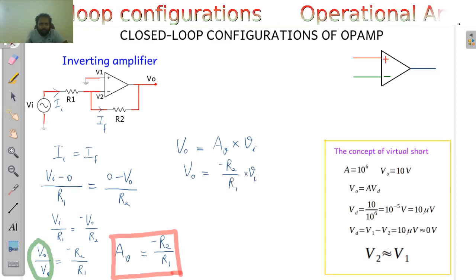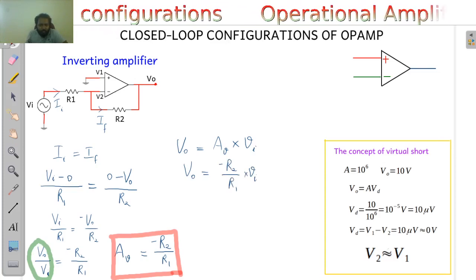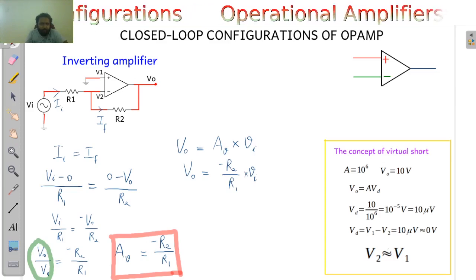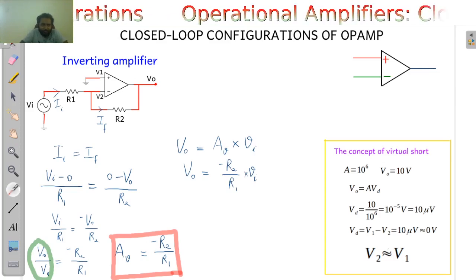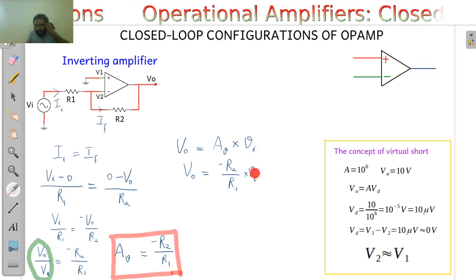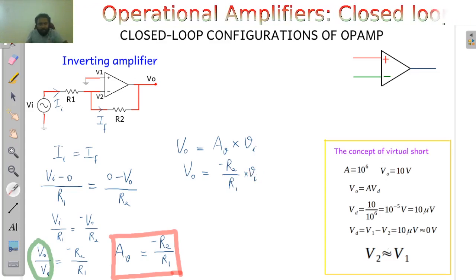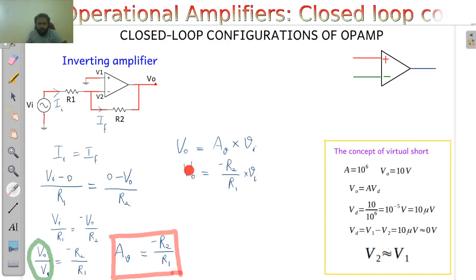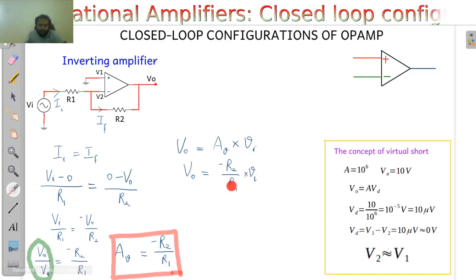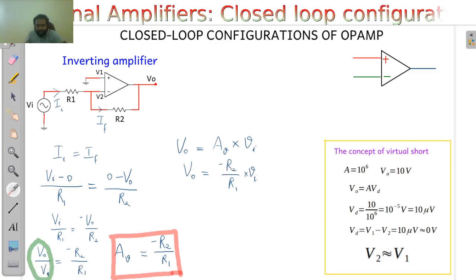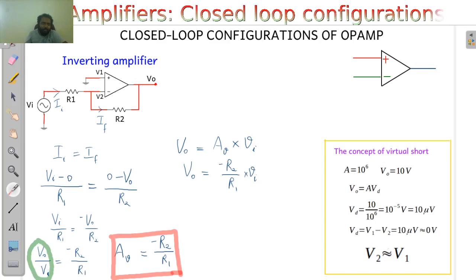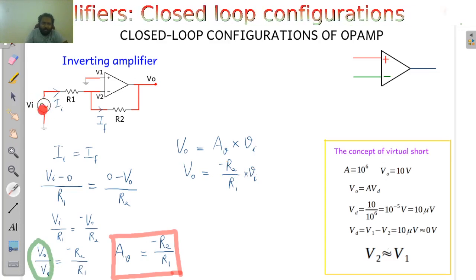which says if my input voltage is a positive number, my output voltage will be a negative number. Okay, so the ratio is a negative number, which means it will invert whatever is coming at the input.